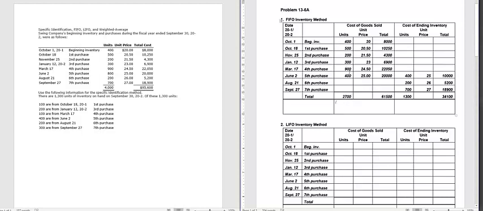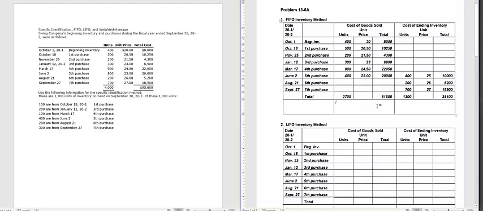So now let's make sure that all this adds up back to our units available figures over here. So if I sold 2,700 and still have 1,300, if I add those together, I have 4,000. So I know I've accounted for all of my units. Now let's make sure we've applied the cost correctly.